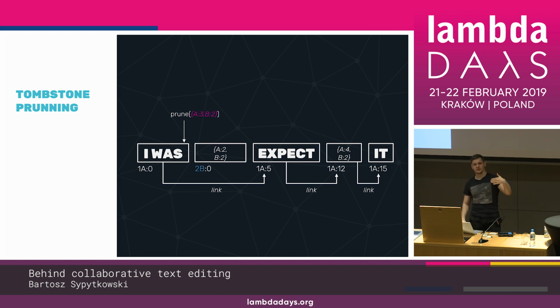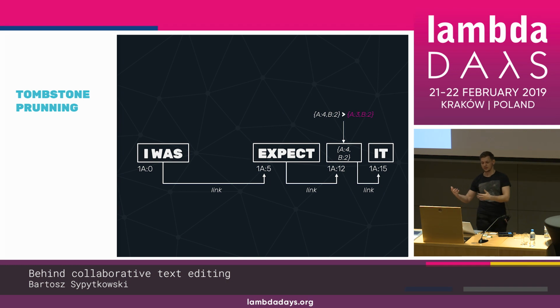So we are checking against our prune timestamp for every single tombstone timestamp that is less than the value that we are interested in. If it's greater, or if it's concurrent, it means that, sorry, but we cannot guarantee that another person is not using this actual block of text on their side to perform some updates. So we need to actually keep it in memory.